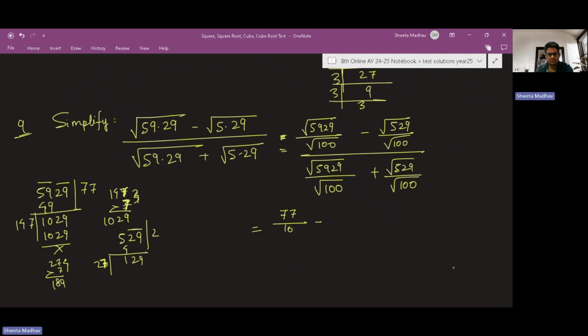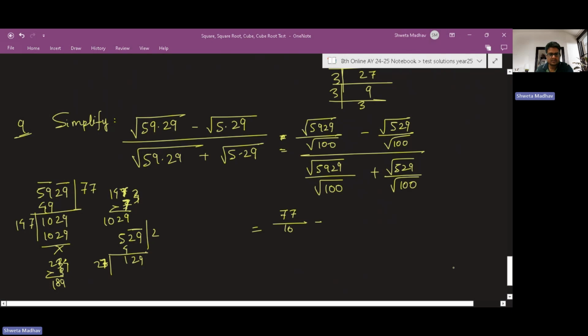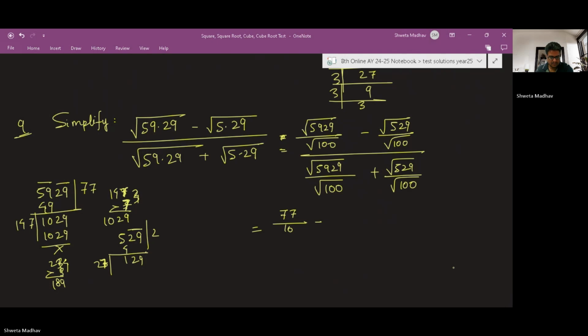Here 23, if I take 3 threes are 9. 2 to the 4 we have to take, so 43, 43 into 3, 3 threes are 9, 3 fours are 12. So 43 into 3 is 129.